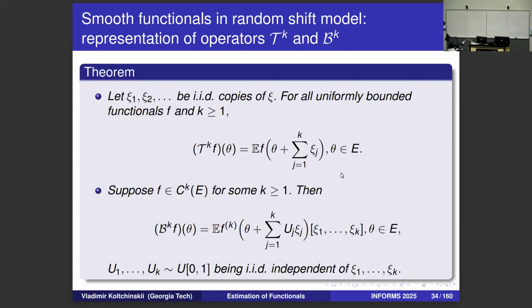Still, if you are looking at an arbitrary random shift model, the one that I discussed, with noise that is not necessarily Gaussian, it can be arbitrary mean zero noise in any Banach space, you still can easily write certain representation formulas for the powers of operator T and operator B. And for operator T, this is just this representation.